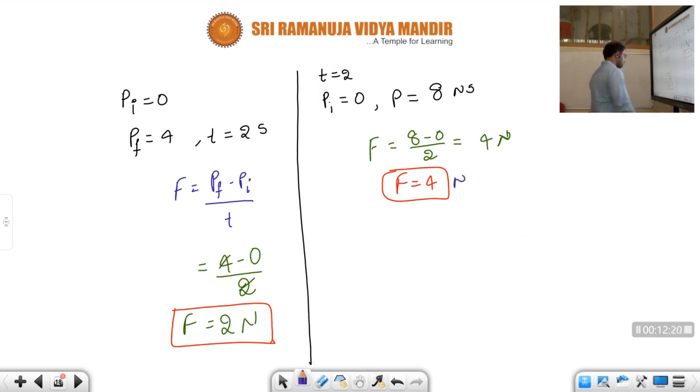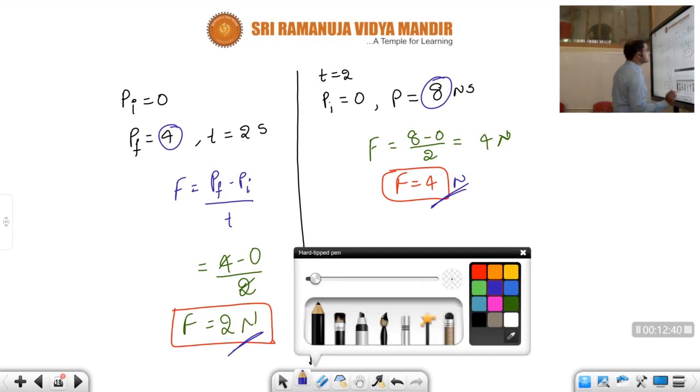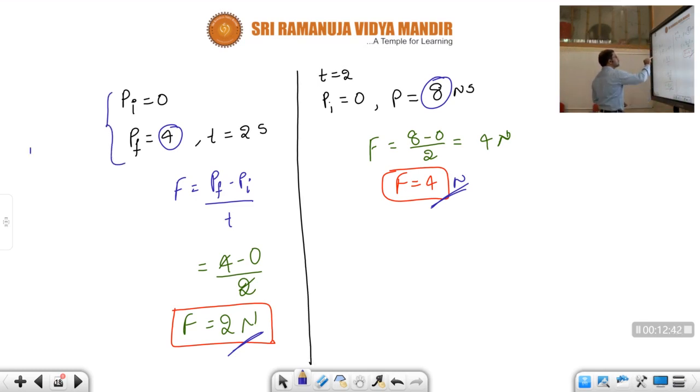Children, observe here: when final momentum is 4, force is 2 Newton. When final momentum is 8, force is how much, children? 4 Newton. Means what happened here? The change in momentum is more. Delta P is equal to 4 minus 0, that is 4.